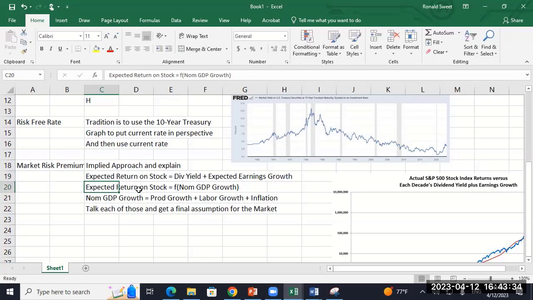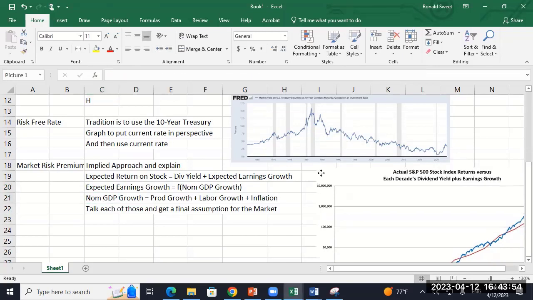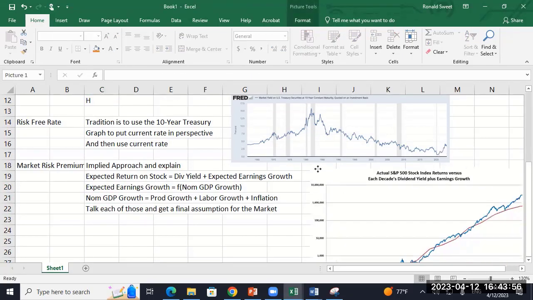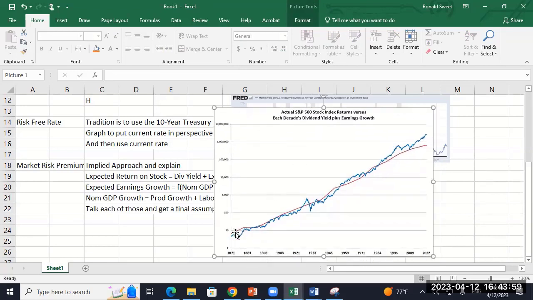Expected earnings growth is a function of nominal GDP. Then you have a chart that demonstrates that. This chart shows you that the stock market historically has really produced dividend yield plus earnings growth by decade. So you can definitely use that chart in your paper.